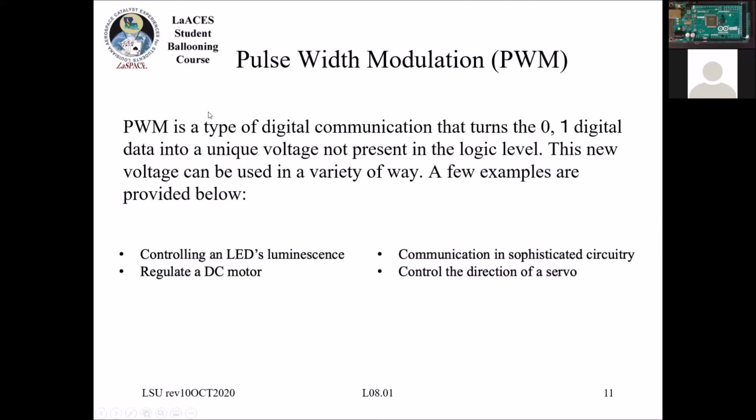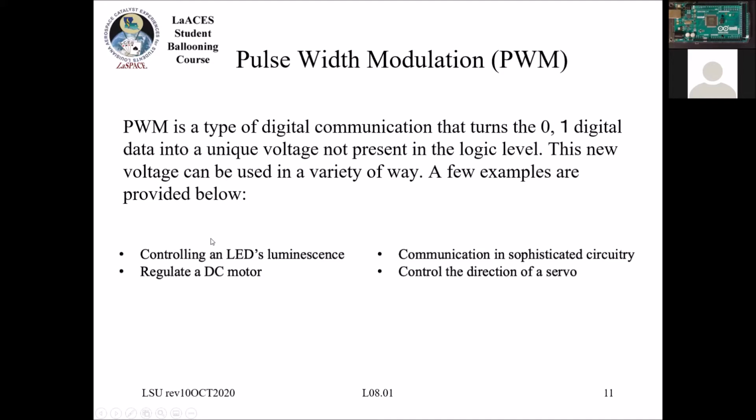Right. So then the other type of digital signal that we talked about, I said, was this pulse width modulation. It's still a digital signal, so it's still a 0 and 1, but what you're actually doing is varying the length of time that it's on. You're modulating the width of the pulse. What this does is it allows you to basically get an analog output out of your digital signal.